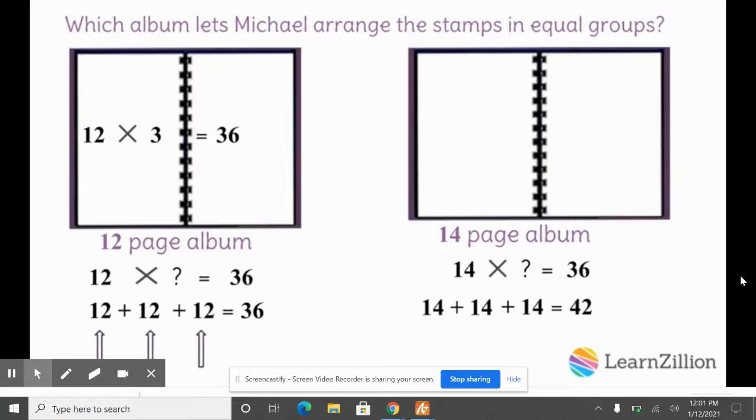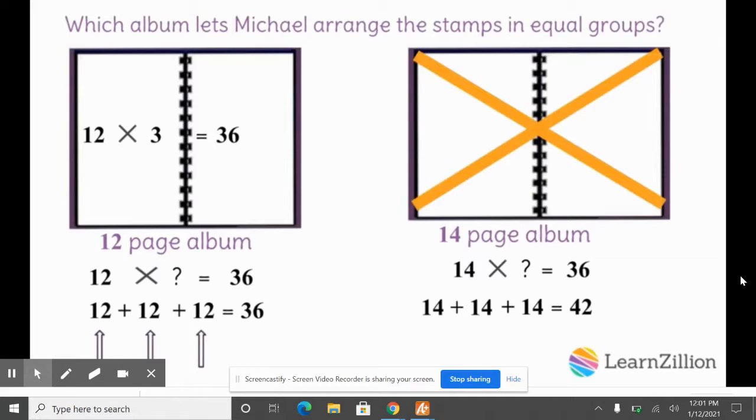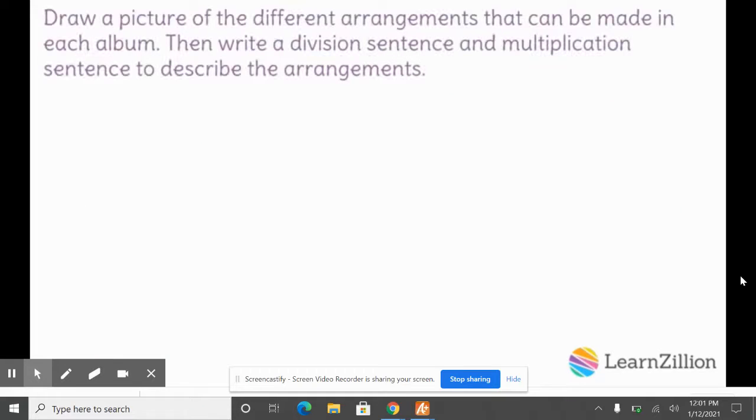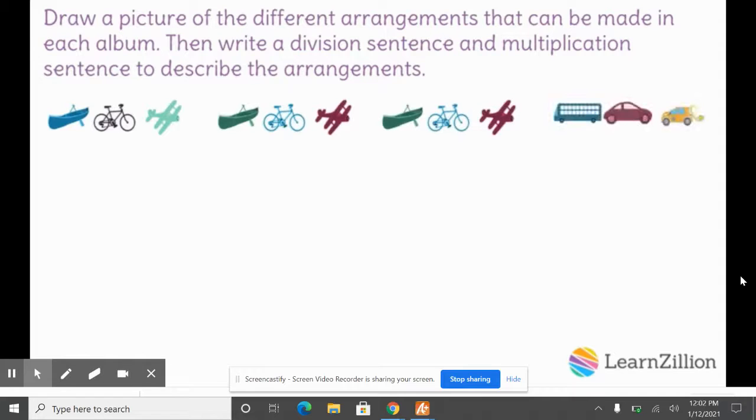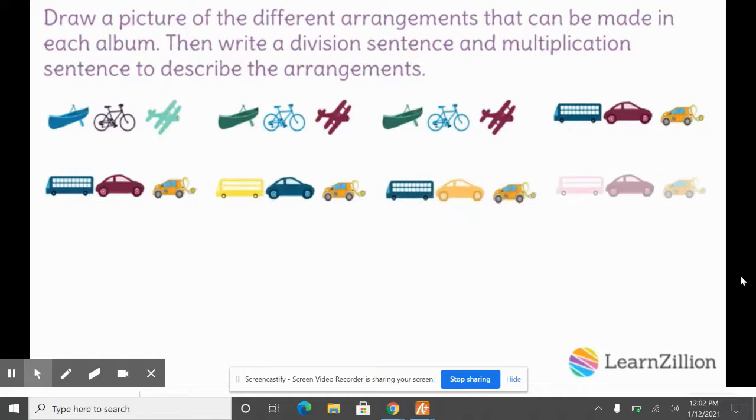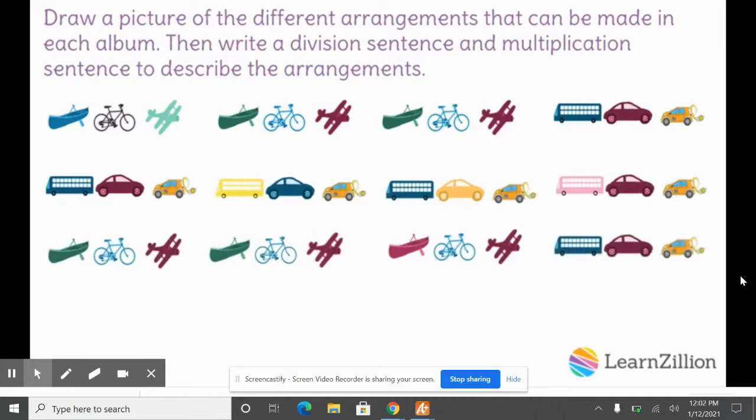So we can use the 12-page album, with 3 stamps on each page.